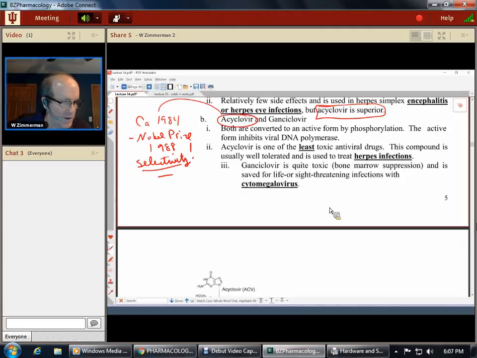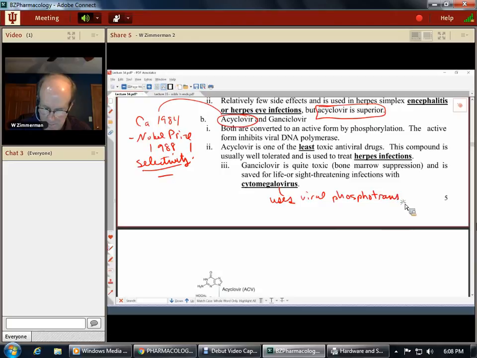But the problem here, and we'll see how acyclovir works, is that cytomegalovirus uses a viral phosphotransferase for activation. And that sounds fine, but humans, normal eukaryotic cells, can also activate it.